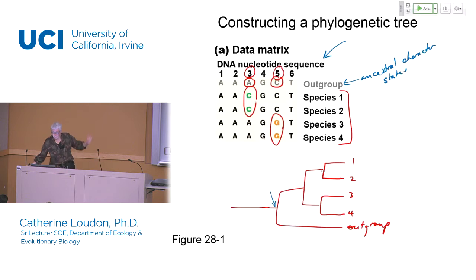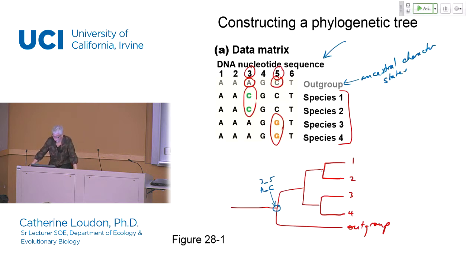And because we're focusing on 3 and 5, I'm not going to write out all 6 again. I'll just put 3 to 5 here is A and C, right? Meaning that at the common ancestor of the outgroup and the 4 species of interest, we're assuming that the most recent common ancestor of all 5 of those taxa together at this point here had A at nucleotide position 3 and C at nucleotide position 5. Right, does that make sense to everybody?